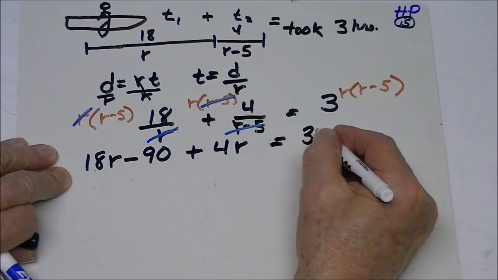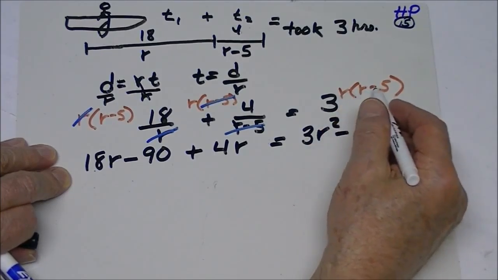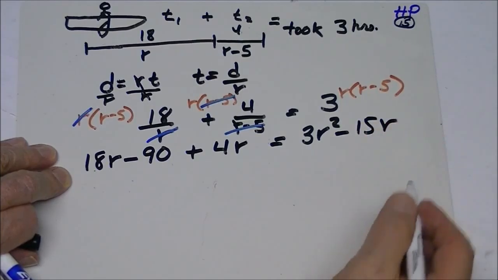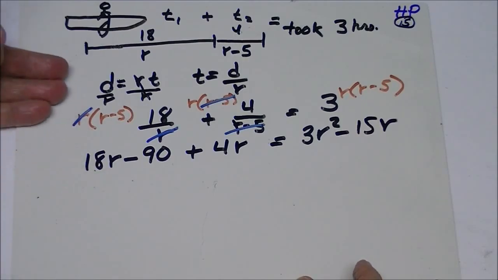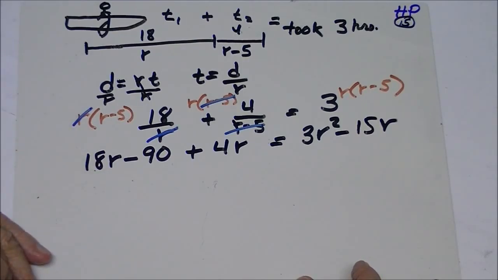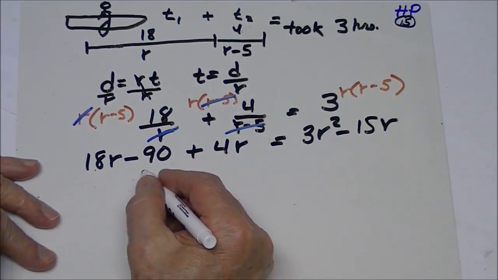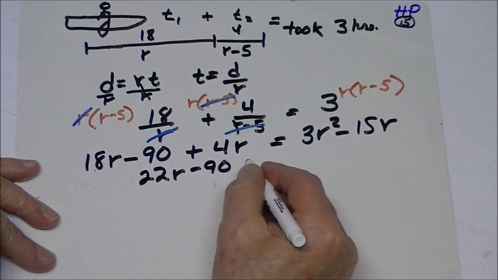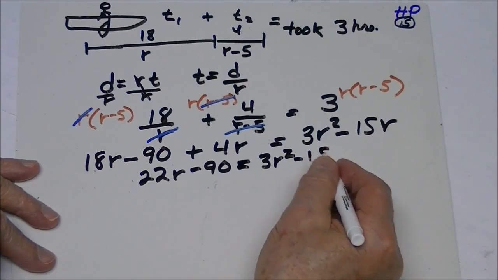This gives you 3r squared. And then 3r times a negative 5, a negative 15r. So again, much simpler without fractions. Now we collect like terms. Here we're going to get 22r minus 90 equals 3r squared minus 15r.